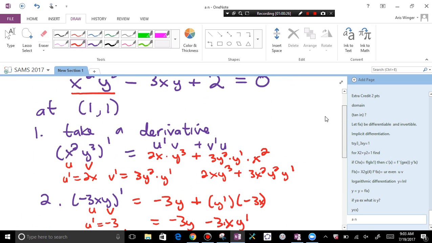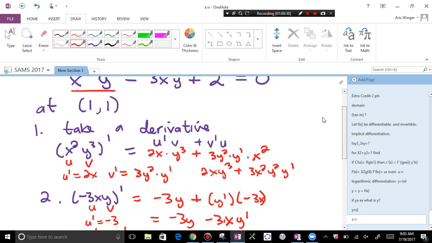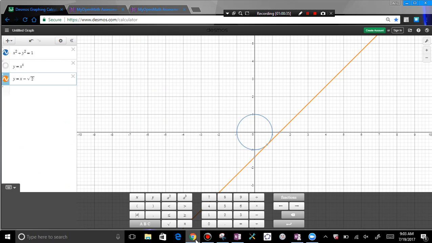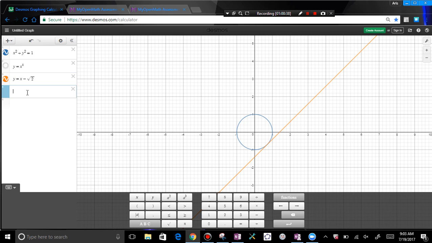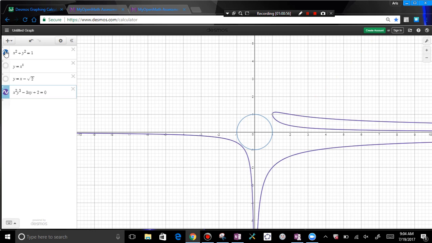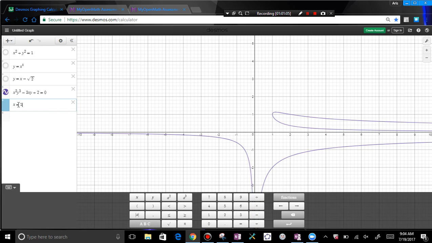You don't get 0 in the numerator. x squared y cubed minus 3xy plus 2 equals 0. Whew, my goodness. x equals 1. Right.